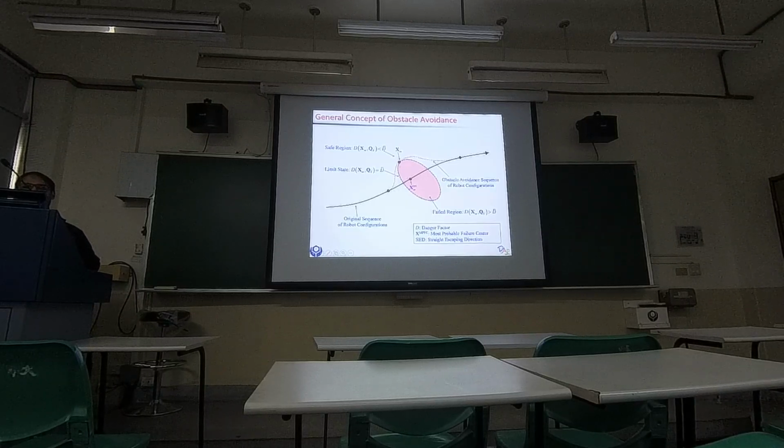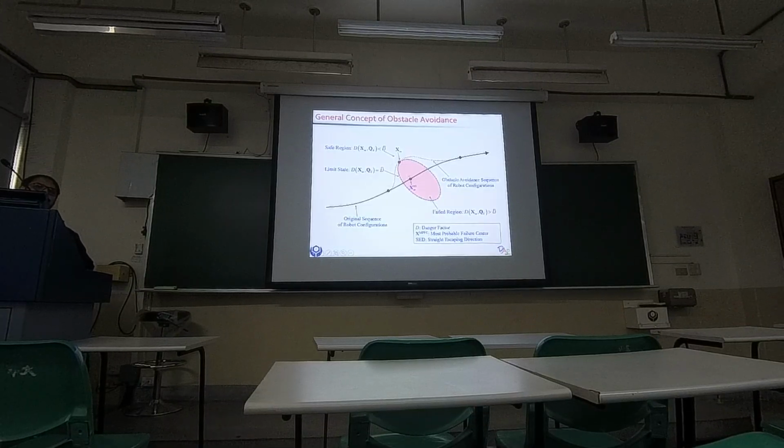The new region will be the limit state where the obstacle avoidance sequence of all the robot configurations lies. Here we denote XM as the most probable failure center, and SC is a state escaping direction, which we can use for escaping, and D is known as the danger factor.